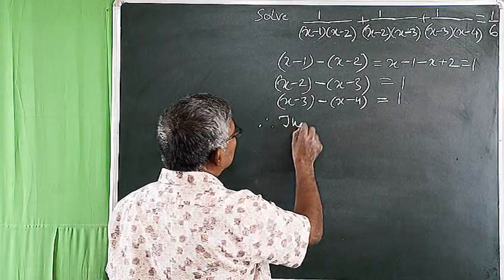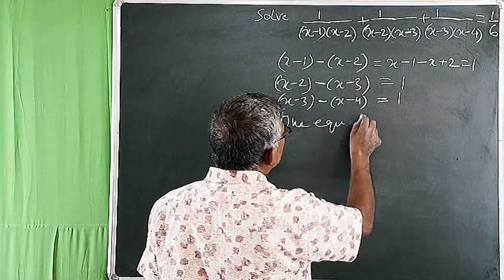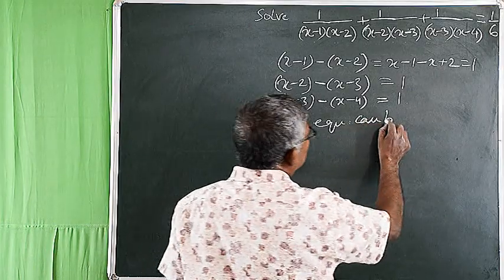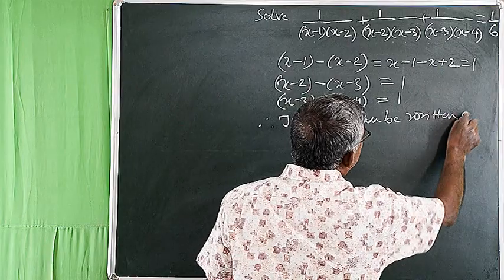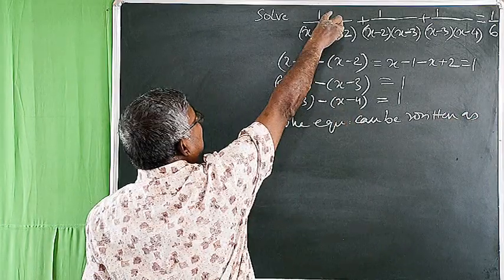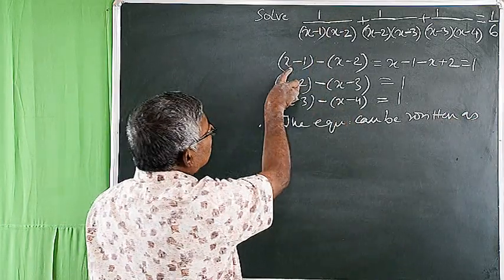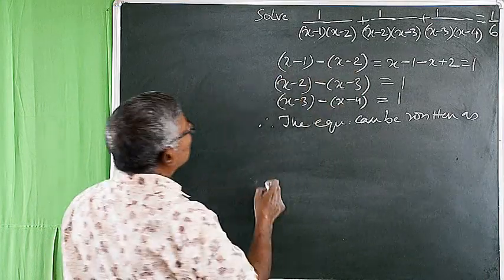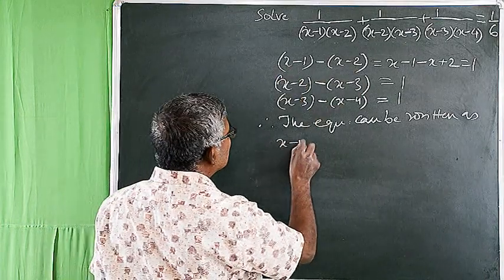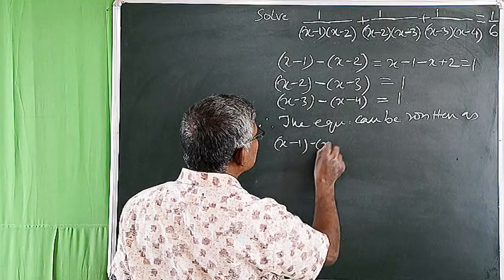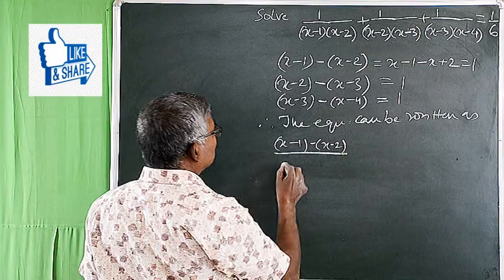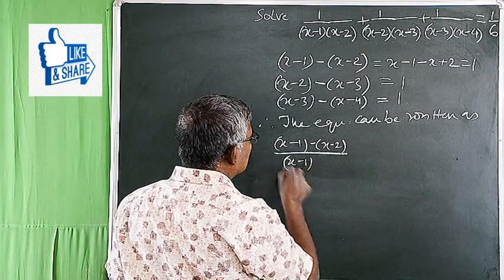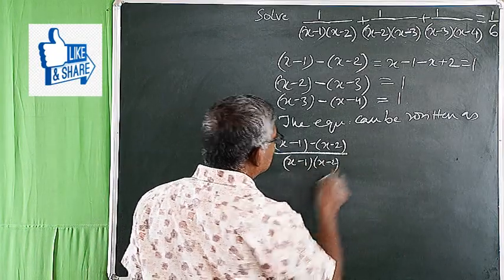Therefore, the equation can be written as: for this one we write ((x - 1) - (x - 2)) / ((x - 1)(x - 2)).